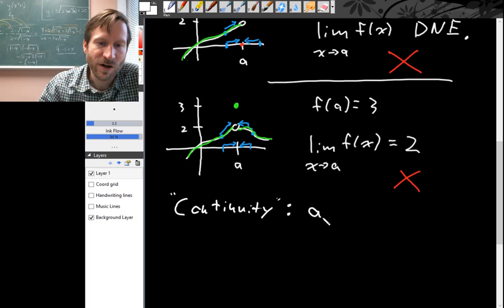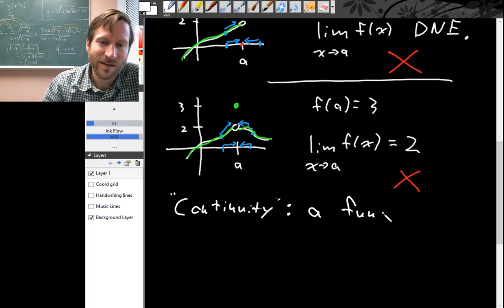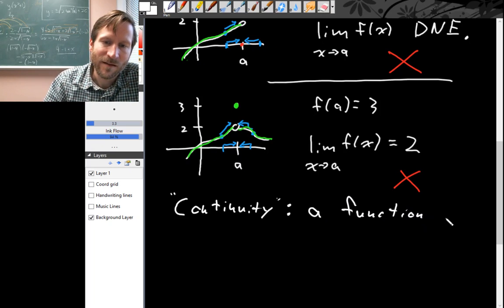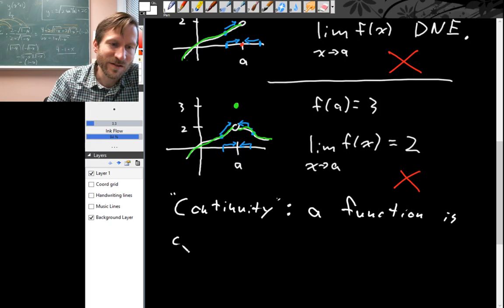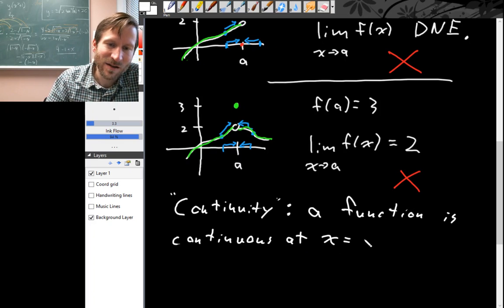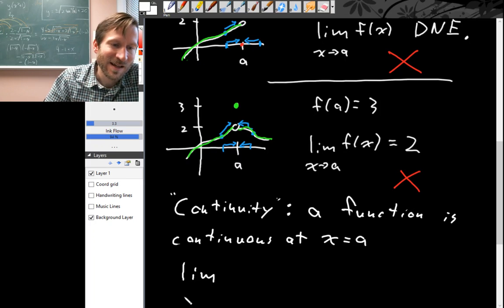So a function is continuous at an x value a when it passes this test that we wrote down, when the limit as x goes to a of f of x is equal to f of a.